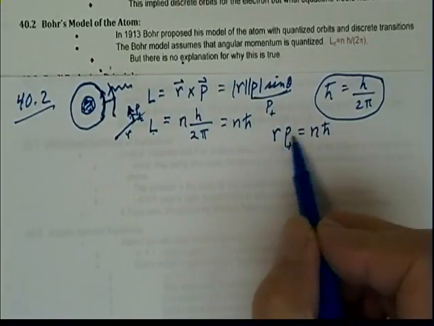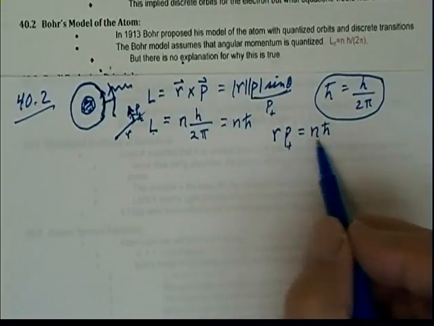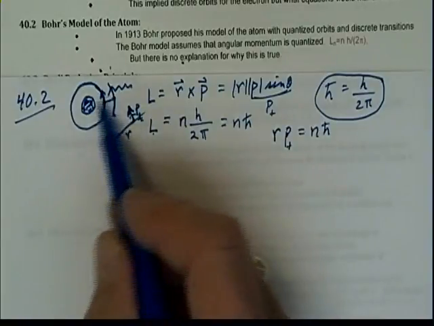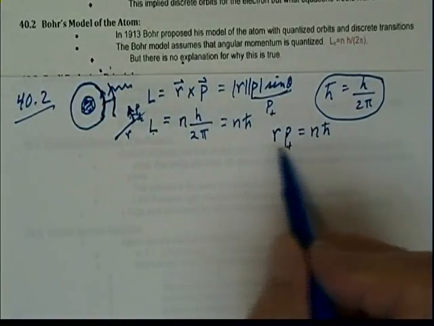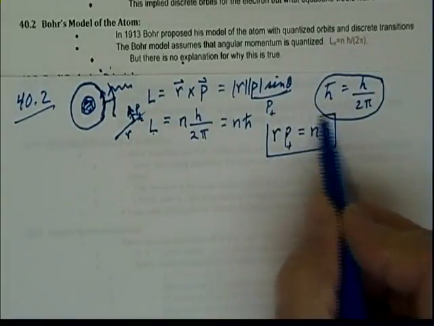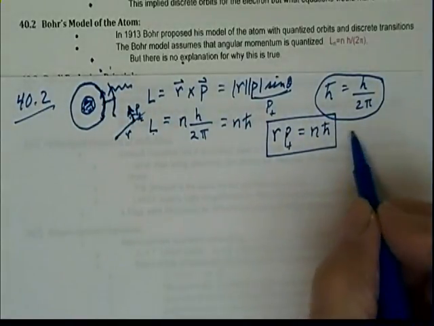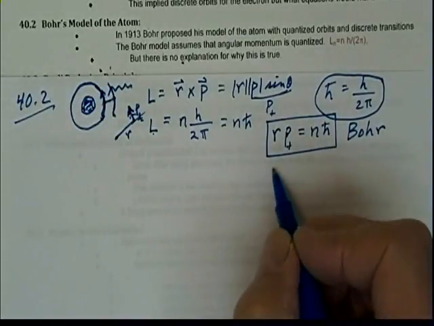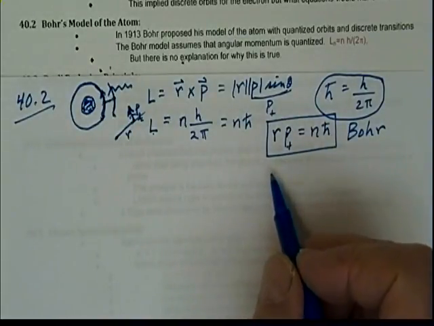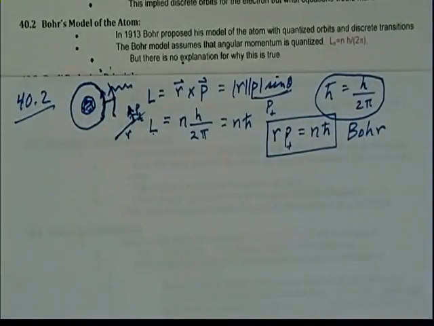Given a given radius, we now know exactly what the momentum has to be, but the momentum has to balance the centripetal force. So in fact, you have two equations. You have this one, this equation, this is the equation that results from Bohr. And you have another equation that balances the centripetal force that we'll talk about in just a moment.